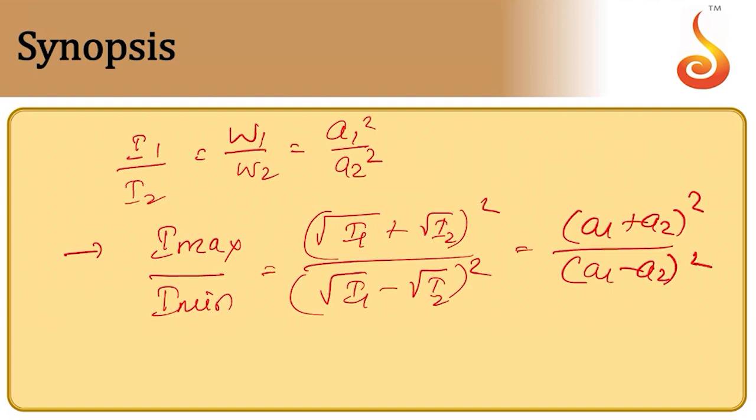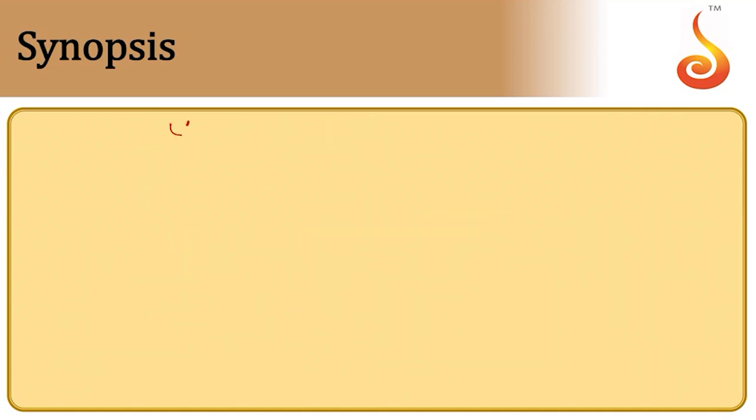So these are some generic equations as far as interference is considered. In the case of Young's double slit experiment, this is the construction.